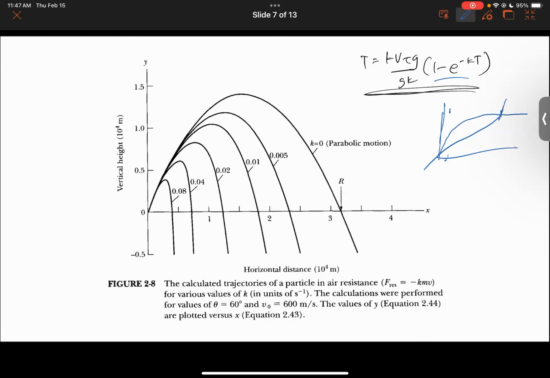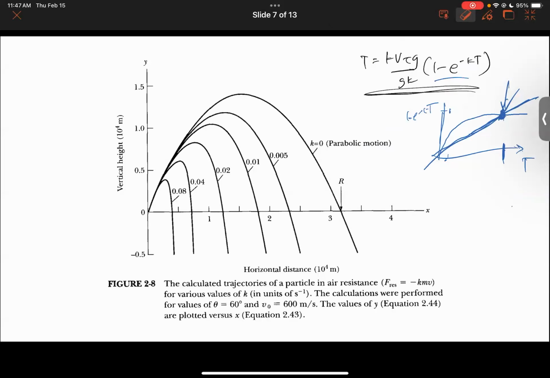So, ibig sabihin meron silang isang point kung saan nag-intersect yung left-hand side at saka yung right-hand side. Ito ang t-axis and then yung axis na to is the 1 minus exponential kt. So, yung point of intersection na yan yung hinahanap natin na value ng time.